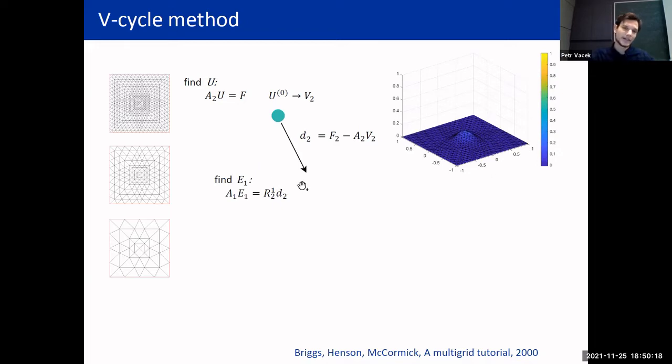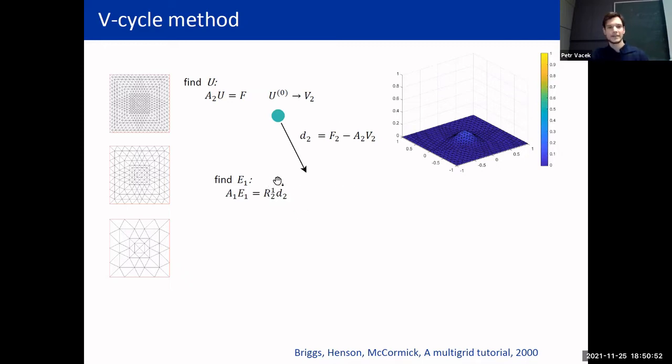The restriction operator is defined using the finite element schemes and it corresponds to the geometry. On the coarser level, we take the projected residual as the right-hand side, and we are trying to find the error so that we can later project it back to the fine level and correct our current approximation there.